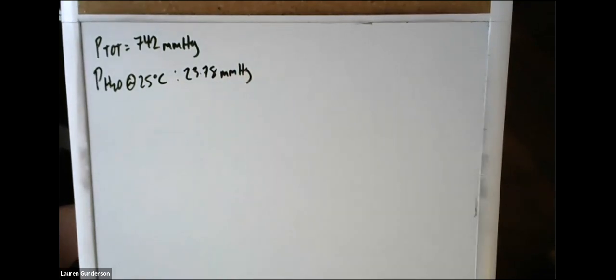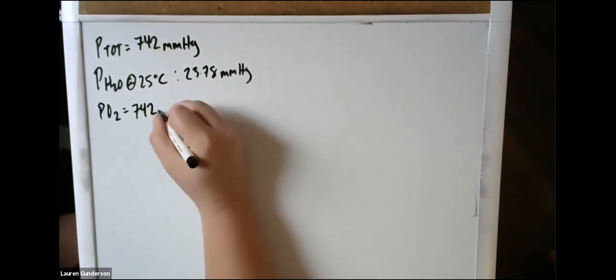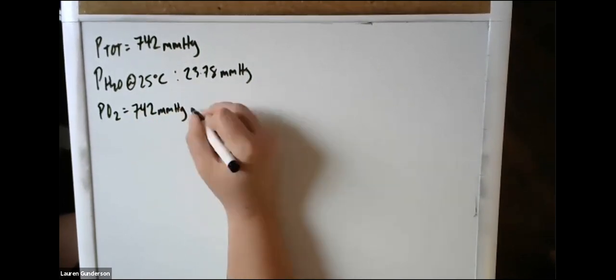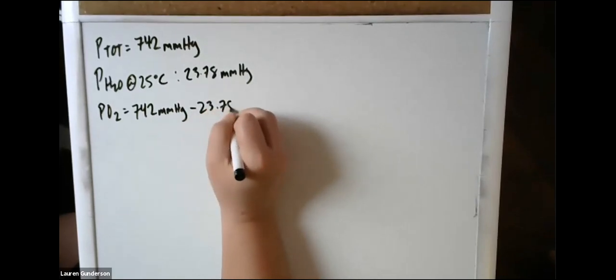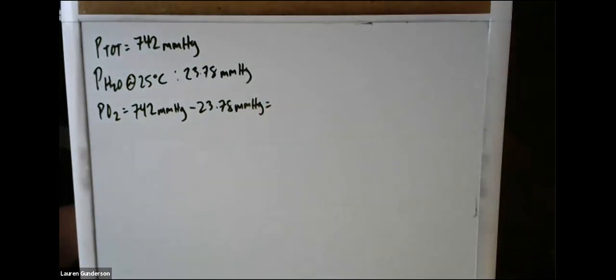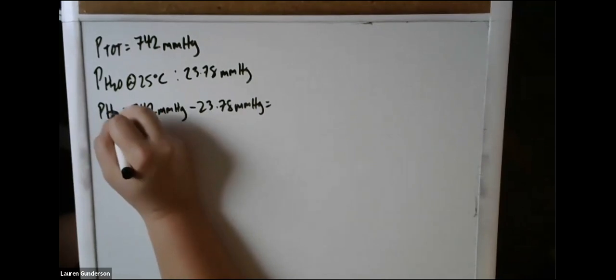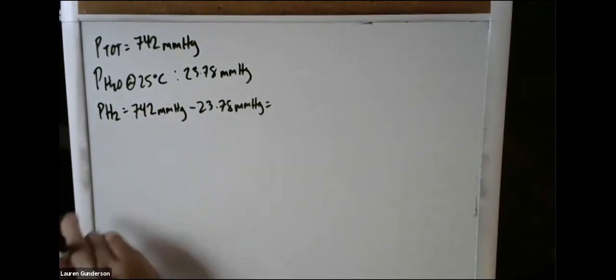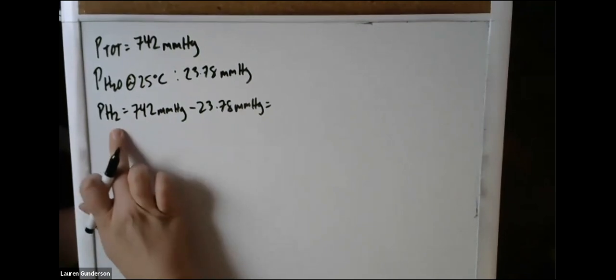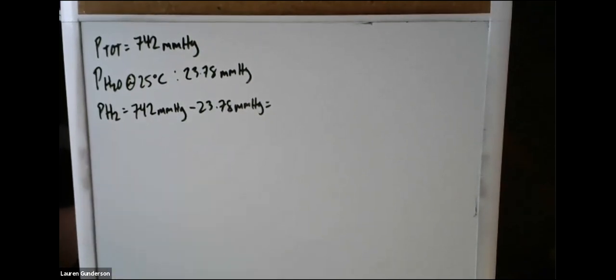Okay, that means that the pressure of hydrogen gas is going to be 742 millimeters of mercury minus 23.78 millimeters of mercury. We're collecting hydrogen gas, which is H2. It's diatomic. Review this if you do not remember what your diatomic gases are.